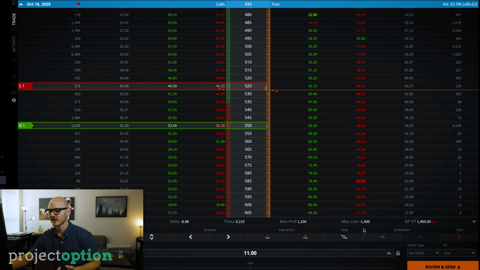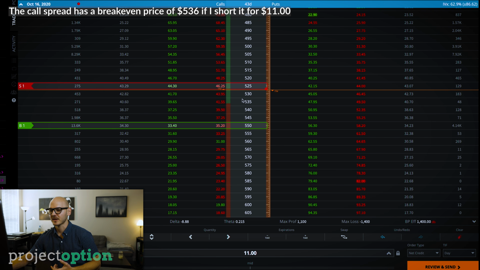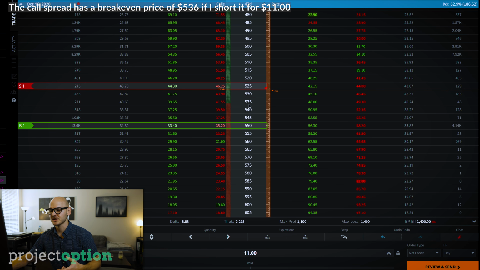So I can lose more than I can make if I'm right. But the benefit of using this call spread strategy over the put spread strategy is that it has a higher probability of making money, because as long as Netflix is below 536 at expiration, which is this position's break-even price, this position will make money.